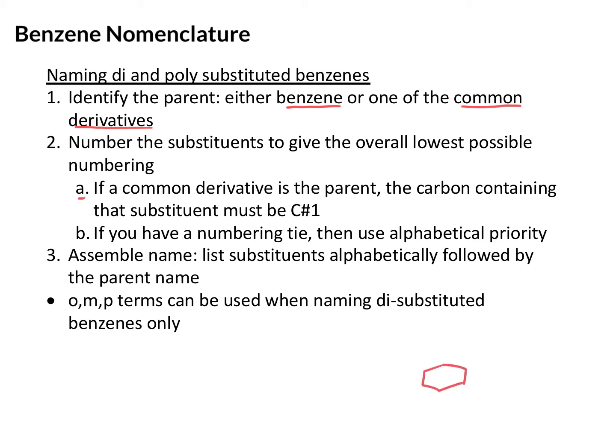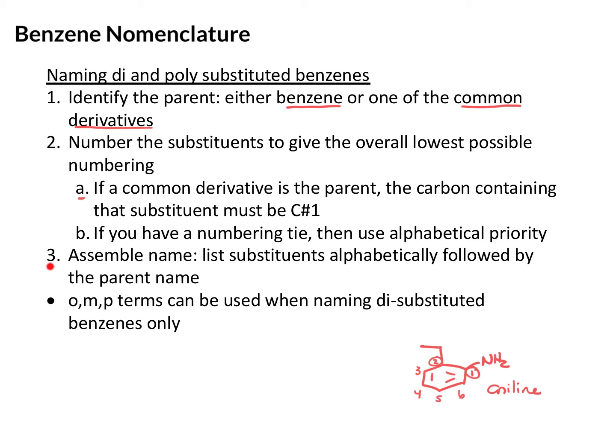So if you have an aniline with some other group on it, you just blindly go ahead and pick that substituent that's part of the aniline as carbon 1. From there, you would number to give the lowest possible numbering. If you run into a numbering tie, then you can switch to alphabetical priorities.